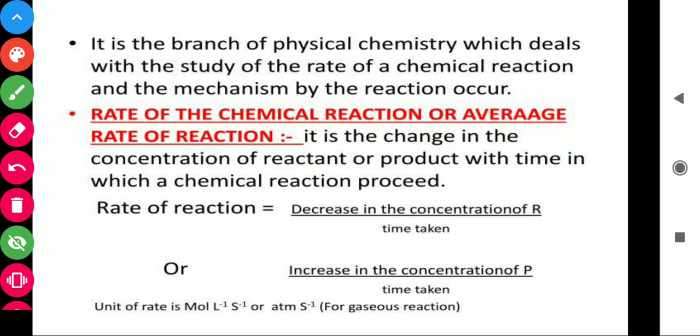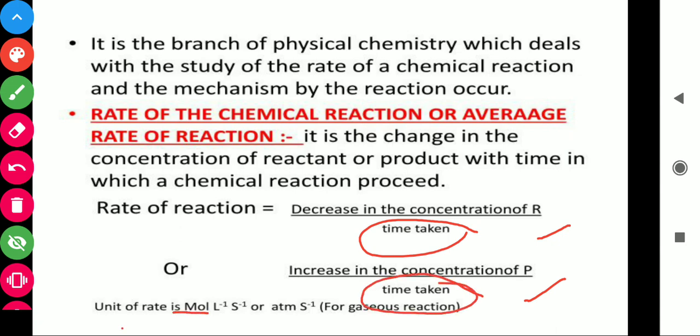As we have studied, rate of reaction, like speed, is equal to distance upon time. Here rate is equal to decrease in concentration of reactant or increase in concentration of product divided by time.